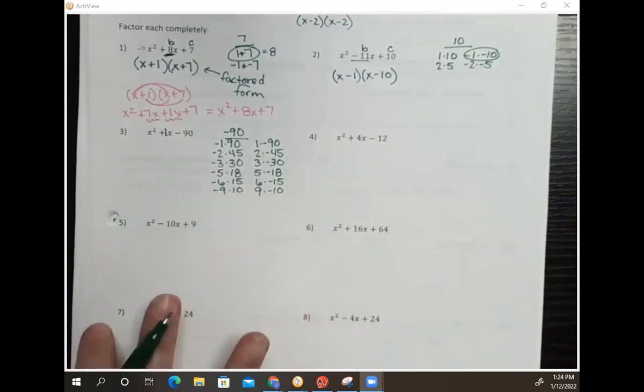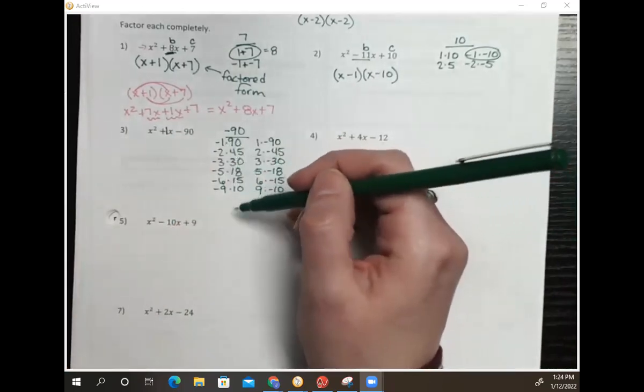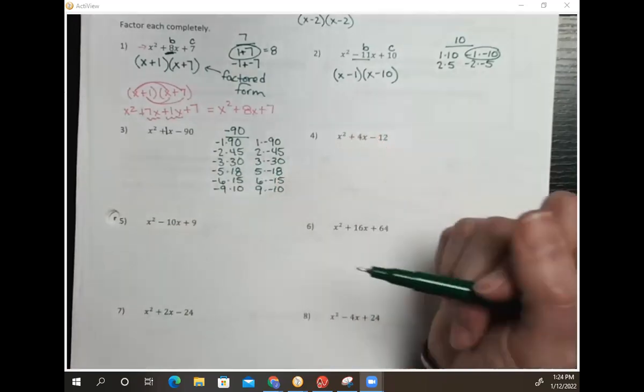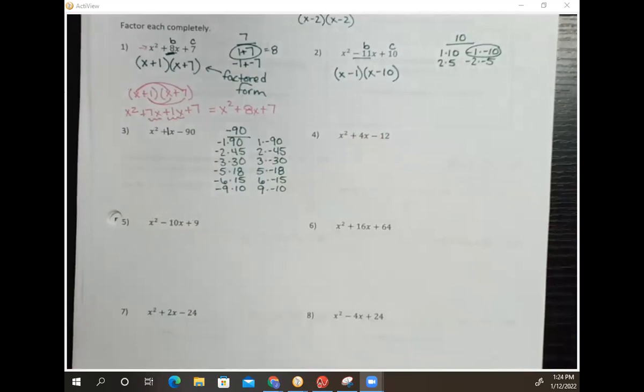Now, before we continue with this problem, I want to point out I made a list of factors and I went in order. 1 times what, 2 times what, 3 times what. I skipped anything that didn't work, but I went in order. As we're working on some of these problems, some of you will notice that, hey, I thought of these factors that I needed right away, and that's great.